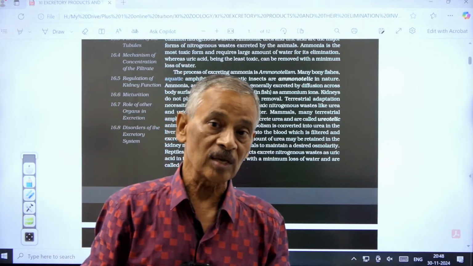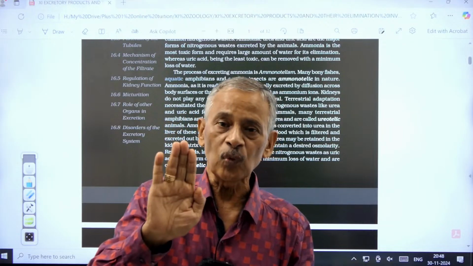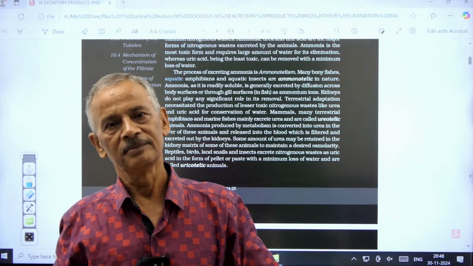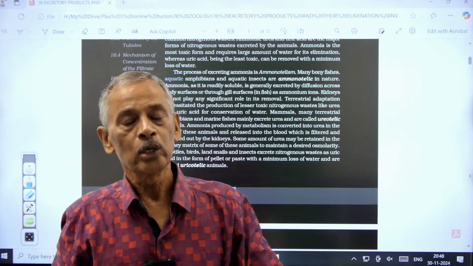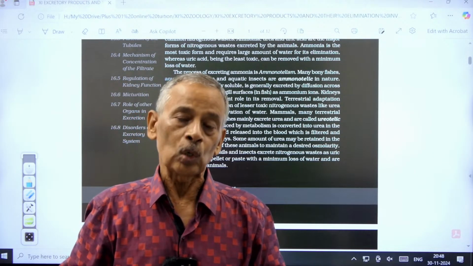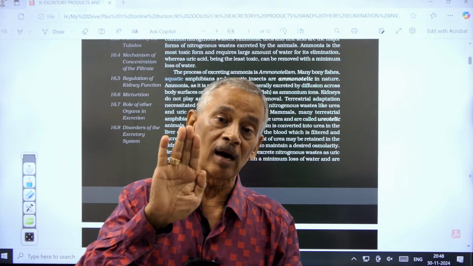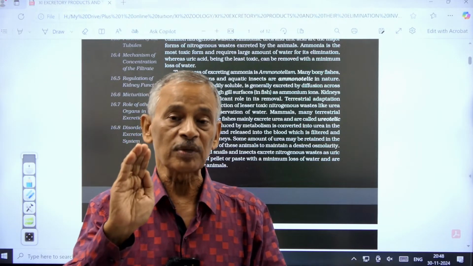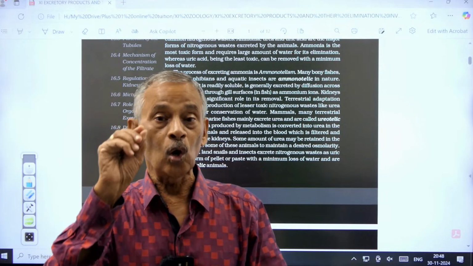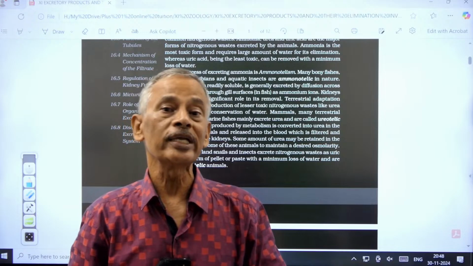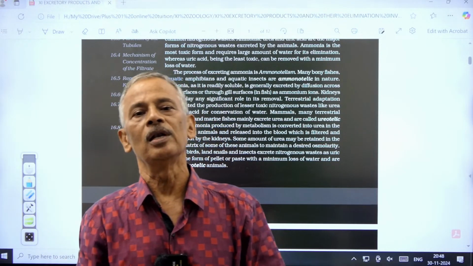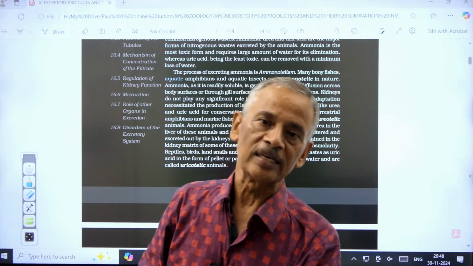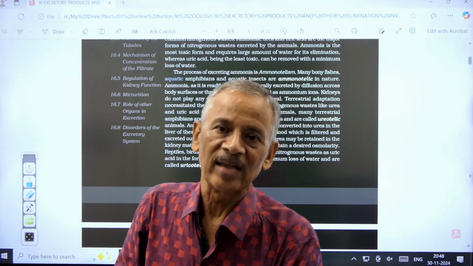There are some organisms who cannot afford loss of water from the body. So they cannot send out urea from the body. Instead, that nitrogen waste material is converted into a solid crystal called uric acid, which is insoluble. And in the form of uric acid, it is sent out as pellets, as dry crystals.